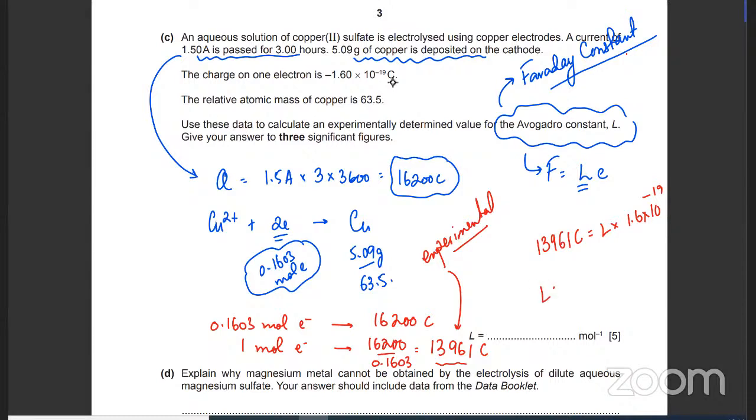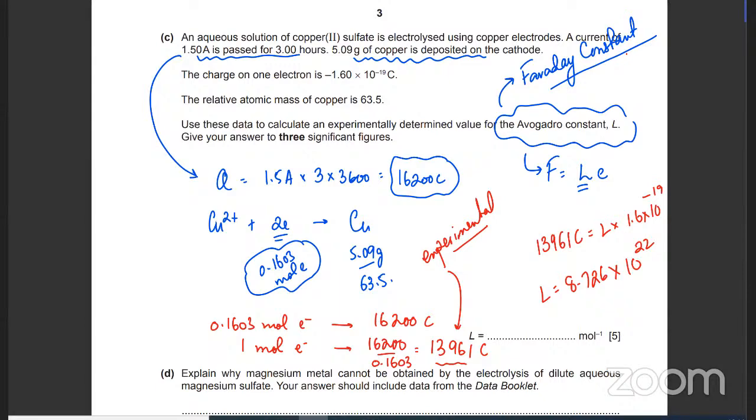What do you get for L? 8.726 times 10 to the 22. But again, the number is really off. It should be somewhere close to 6.02. It's still close to it, but really far away still.